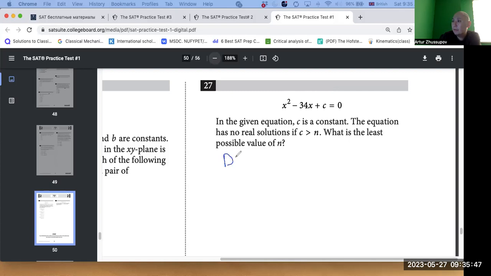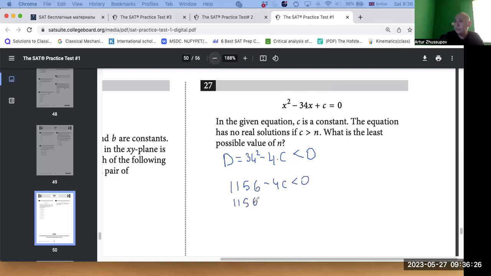So let's find the discriminant. The discriminant is 34 squared minus 4 times a, which is 1, times c, and we need to state that this should be negative. So I will take my calculator and do 34 squared. So this is 1156 minus 4c less than 0.